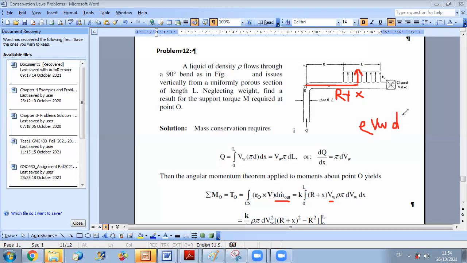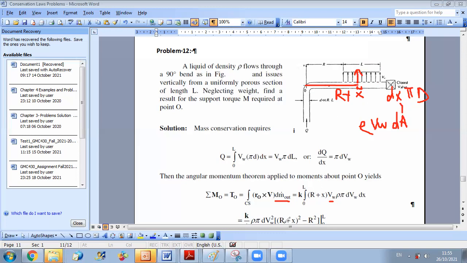And what is the elementary area dA? Since I'm considering a small thickness dx, the elementary area dA is dx times pi times d. Okay, so I end up with the following result. I'm integrating from 0 to L.